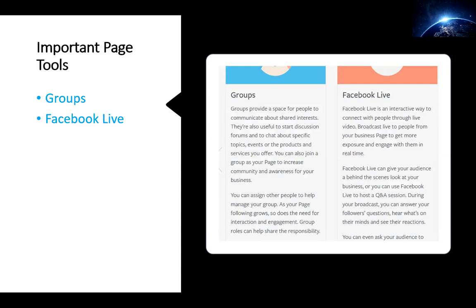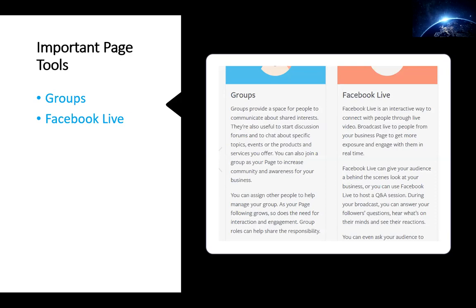So it's a more personal relationship that group members have as opposed to the public page that can have fans, potentially from all over the world. But if you have a bakery in Brooklyn and people actually want to have back and forth conversations or ask you questions, then that in the group is where you would most likely have that kind of discussion.